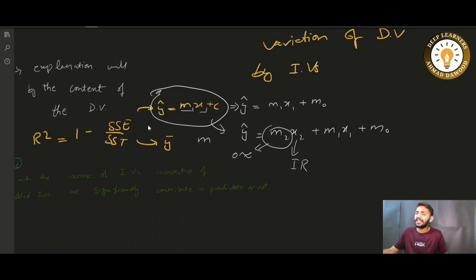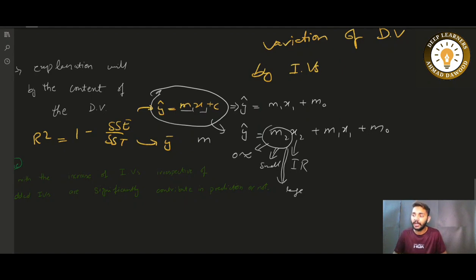If it has a little bit of relation, then it will give a very small value to m2. And if it is relevant to the prediction, then it will give a large value to it. I recommend that you think about why R square is increasing with the addition of an irrelevant feature. But for now, R square increases due to adding an irrelevant feature.